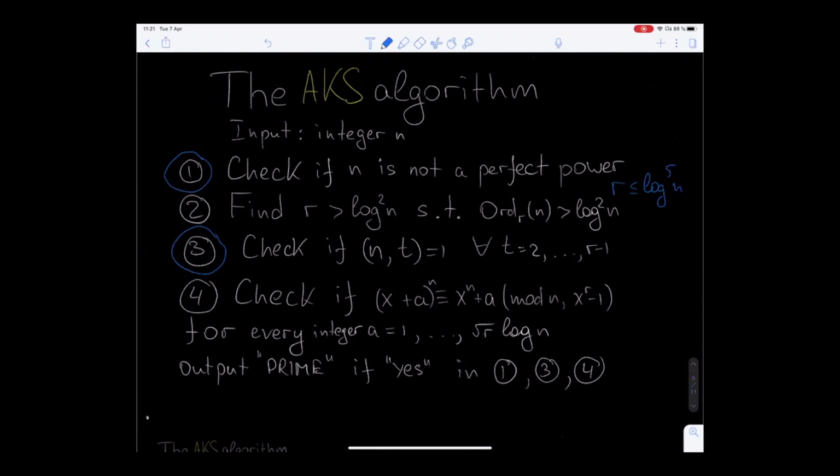And fourth step, prime numbers will pass by the lemma that we proved above, except we proved it with x plus 1 to the n, and here it's x plus a to the n, but the proof is exactly the same. The intermediate binomial coefficients will vanish when n is prime, even modulo n, you don't even have to take modulo an additional polynomial. So clearly, if a number is prime, then we output prime.